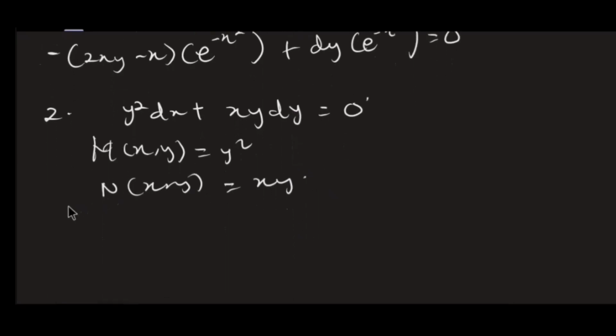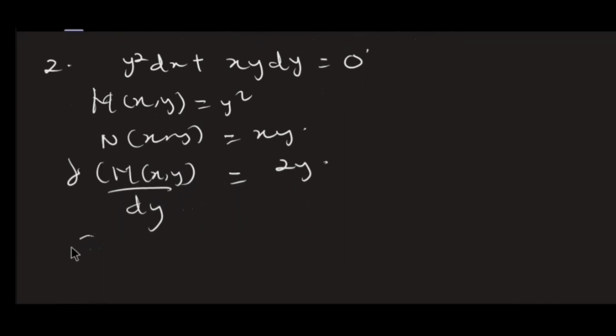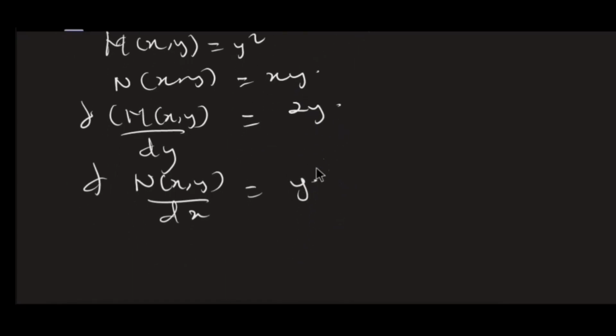So I'll find d of m of xy over dy, and what am I getting? 2y. Then I'm going to find d of n of xy over dx, and what am I going to get? If I differentiate this with respect to x, my y is a constant, and x will give me 1, so I get y.